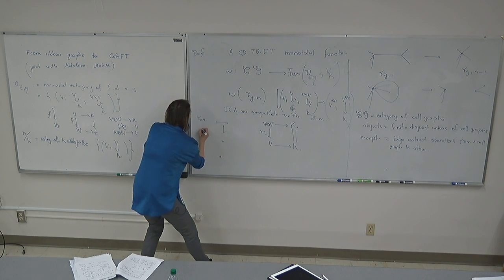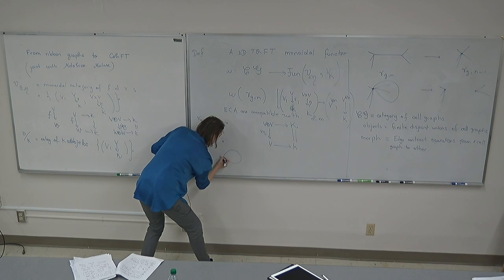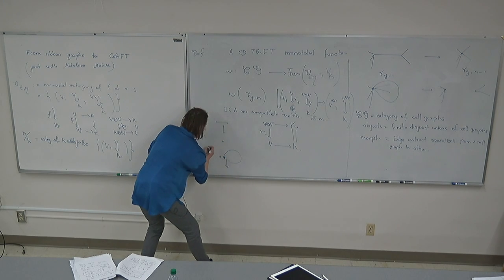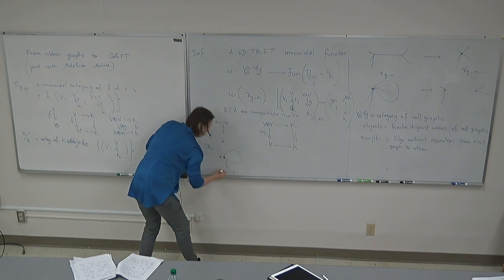This is the first situation, while if I have a loop, then this will be genus 0, 1. Then I can contract a loop and I get 2 distinct points.